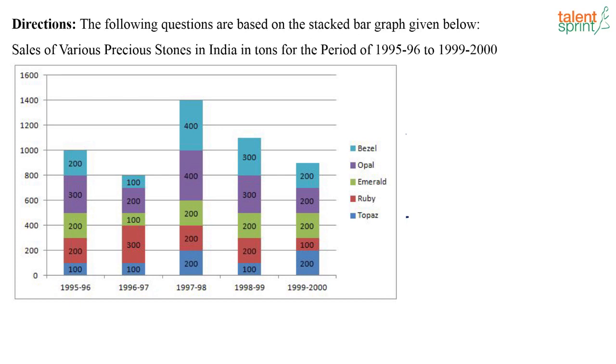See, if you see here, let us first look at the last one, that is topaz. 1995-96 it was 100. 96-97 also it is 100. 97-98 what is happening? This 100 is becoming double. Here it is decreasing. Here again it is becoming double. Okay, look at what is this one? Emerald. So emerald, if you see, it is decreasing, right?